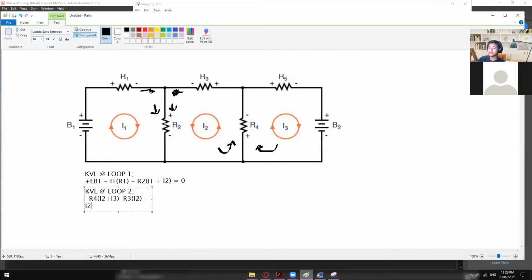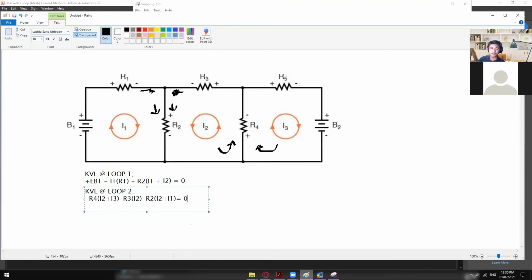And right here, we have the same flow of current. R2 pala, R2, and then the same flow of current, which is I2 plus I1, equal to 0. So that's how we got this KVL at loop number 2: negative R3, negative R2.